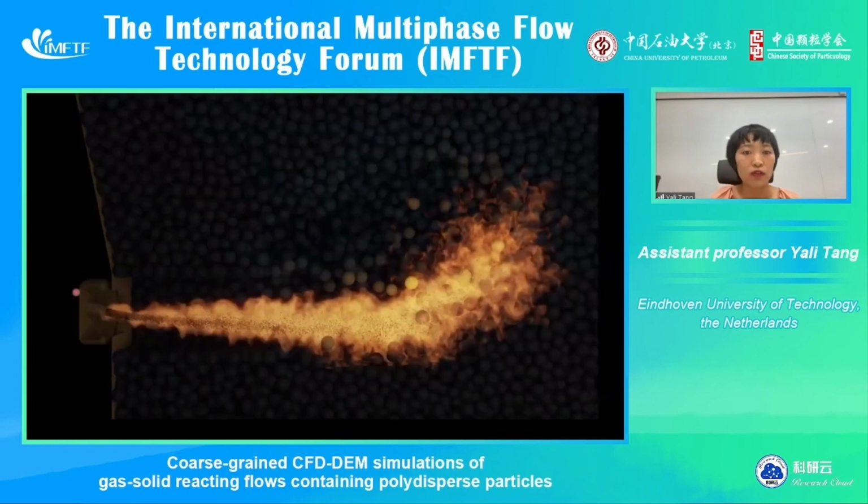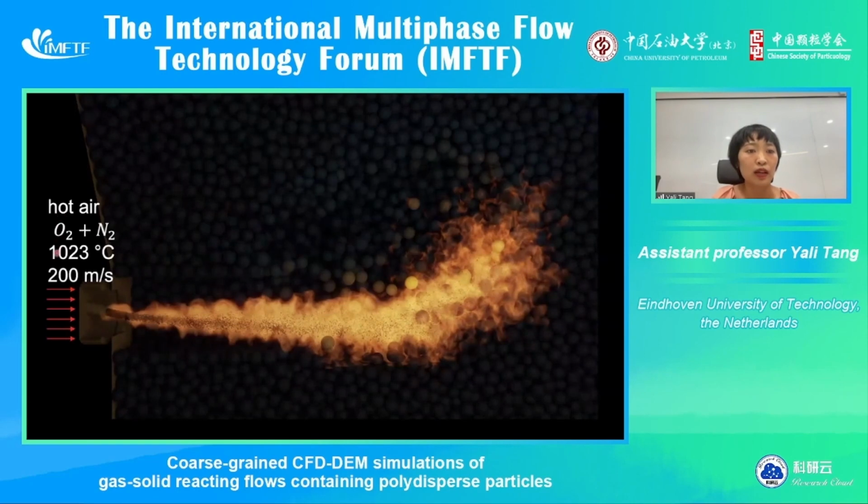And for boundary conditions, the hot air is injected from the nozzle at around 1000 degrees C at a high speed of about 200 meters per second. This indicates that we really need to resolve the flow because of the turbulence.